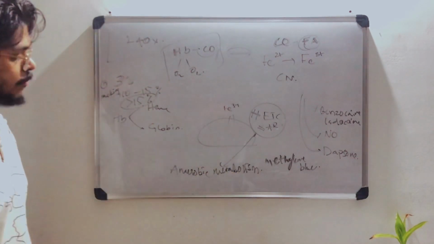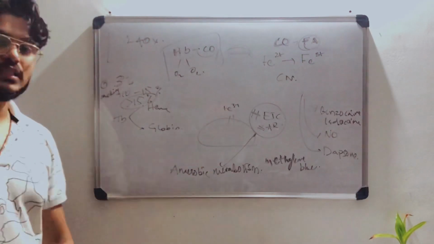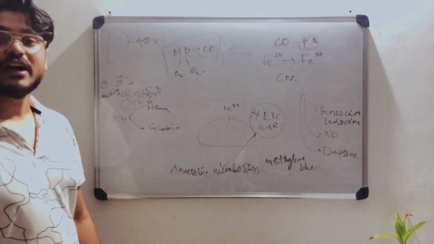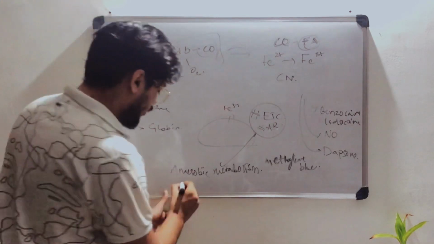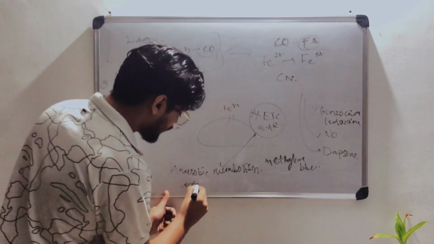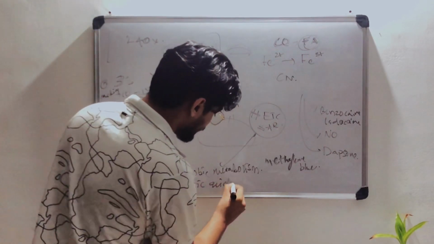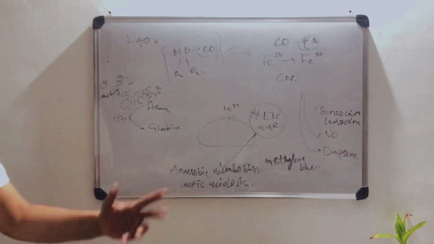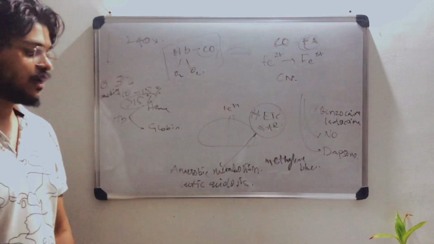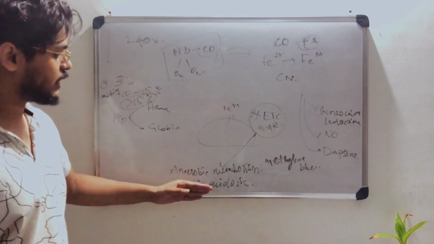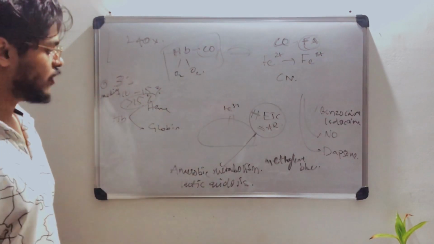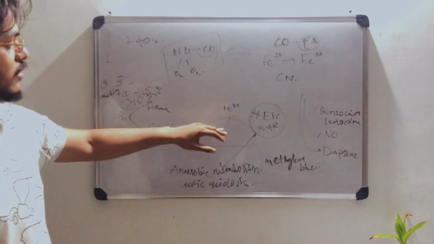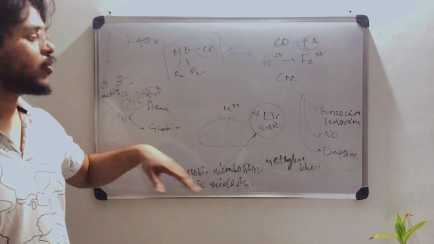When it is undergoing anaerobic metabolism, it results in the formation of lactic acid. Therefore, it causes lactic acidosis. Understood? Very easy. Now, if it is causing lactic acidosis, we know that the oxygen is almost equal to no oxygen, right?